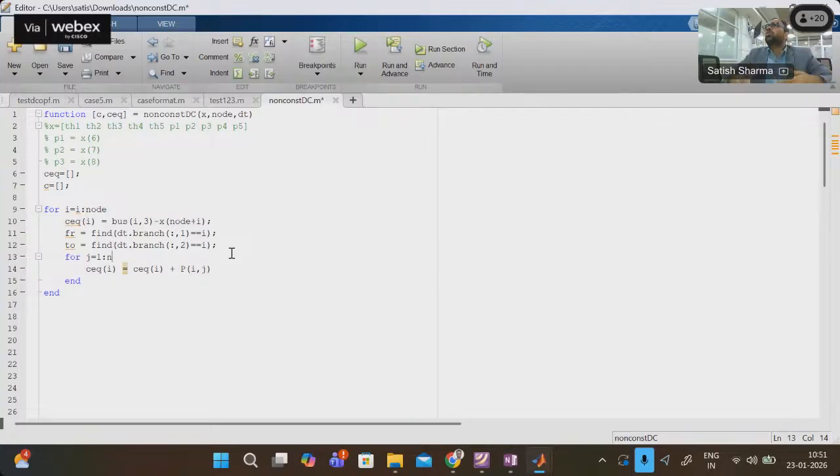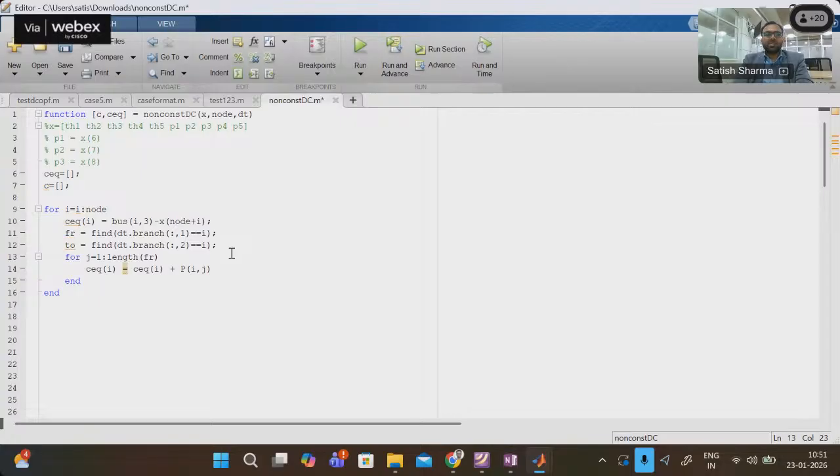Now, instead of applying a for loop for all the number of nodes, I will just apply the for loop for the branches where the ith bus is connected, because that is what I need. For others, it will be 0, right? So for I equals 1 to length of FR, like from bus.